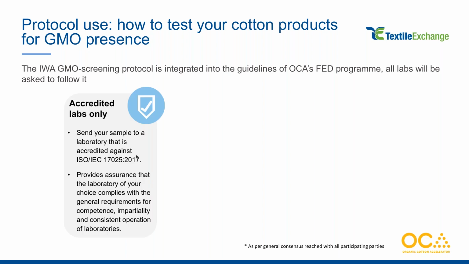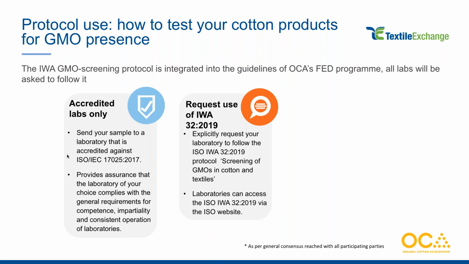Now, that same thing is something you can do, being part of the Organic Cotton Accelerator or not. If you want to use this protocol to test your cotton products for GM presence, it's very simple. You send the sample you want to test to a laboratory that is accredited against this specific standard of ISO, which gives you the assurance that the laboratory complies with general requirements for competence, impartiality, etc. So it's a decent lab you're choosing to do the analysis for you, a lab that knows how to work with ISO documentation.